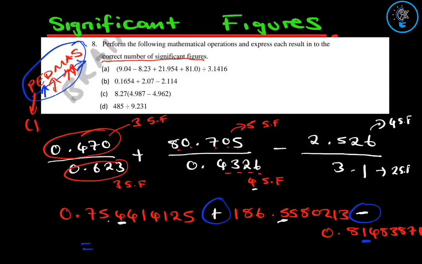So we're saying 0.7544144125 plus 186.5580213 minus 0.81483871, and your answer will be 186.4975967.